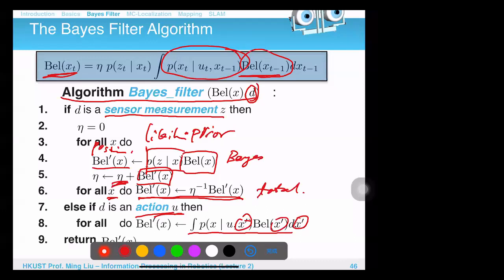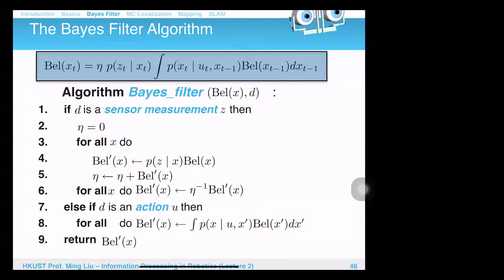Then we directly return this belief of x prime. Okay, so this is a Bayes filter, and it can be applied not only to robotic applications, but basically to any process.